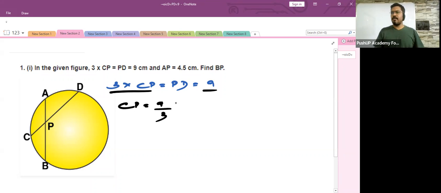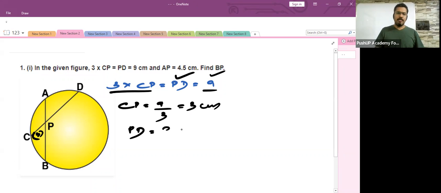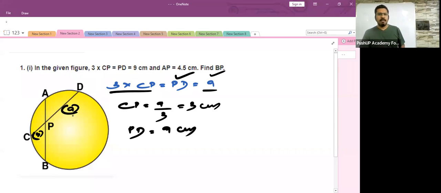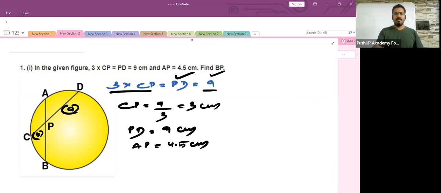Yes, CP is equal to 9 divided by 3, which is equal to 3 centimeter. So CP, where is CP? Over here. I'll label it 3. Then they have already given you PD is equal to 9 centimeter. Label it on the figure. Then they have given AP is equal to 4.5 centimeters. AP, where is AP? Over here, 4.5 centimeters. And they are asking us to find the value of BP, isn't it?